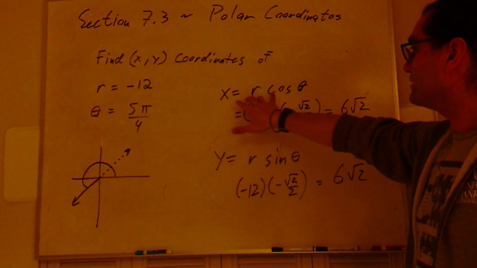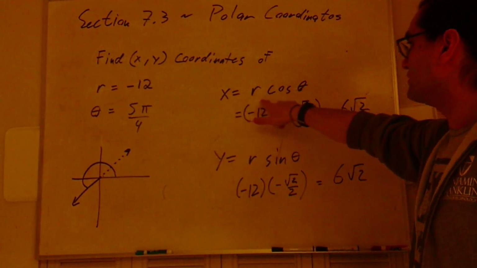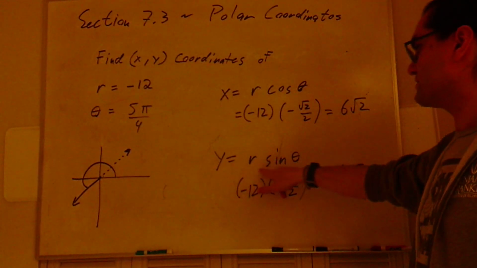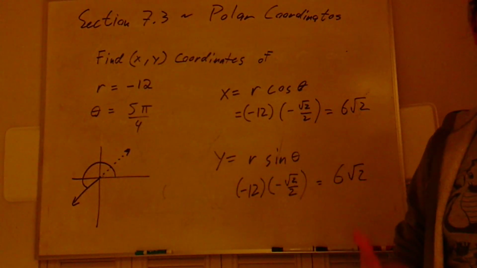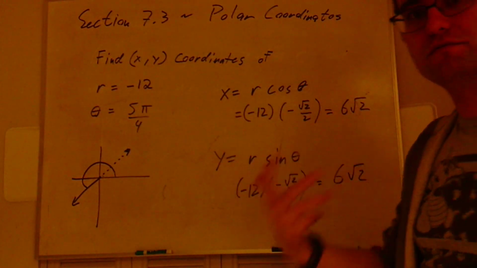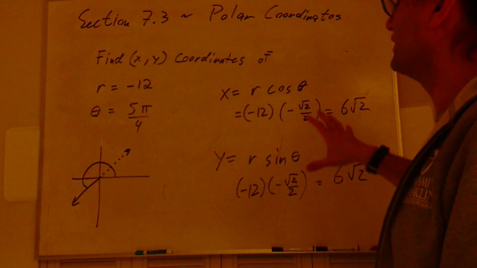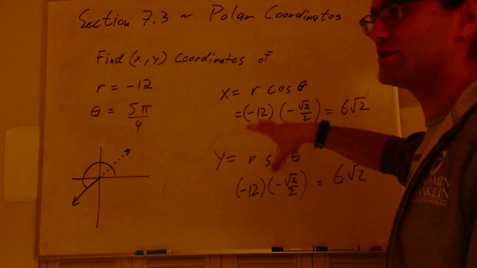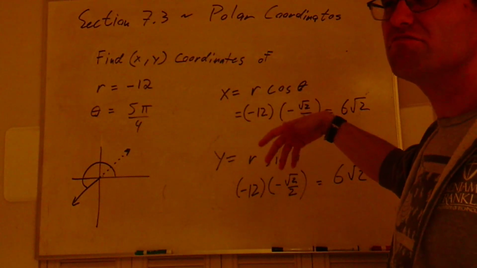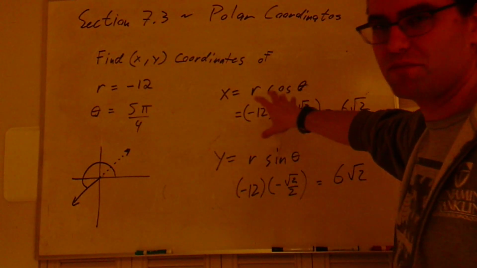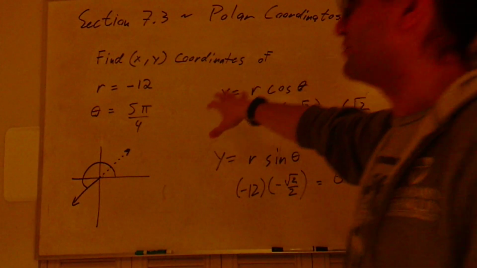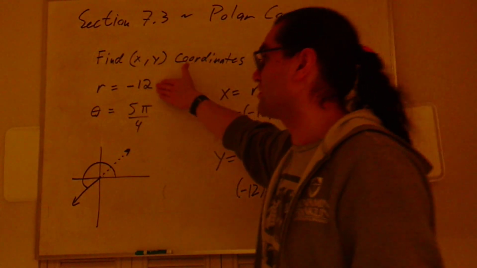So this set of equations we have, x equals r cosine theta, y equals r sine theta, is very reliable, very, I'll say robust. It's hard to make these things break down. You can put in goofy, weird numbers. You can put in r equals 0 if you wanted.